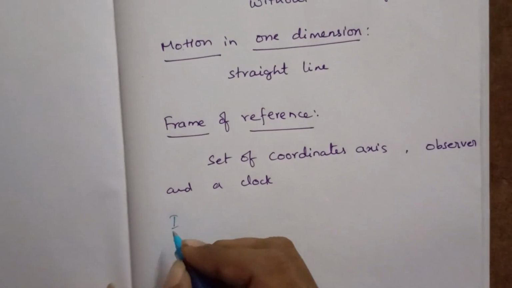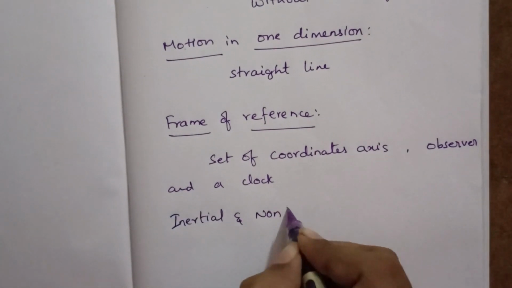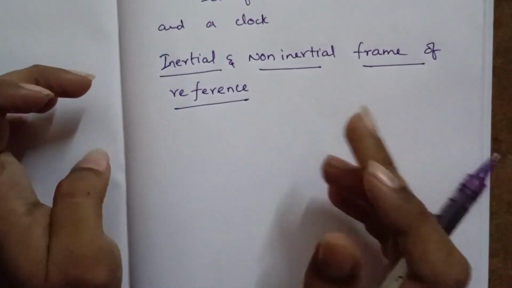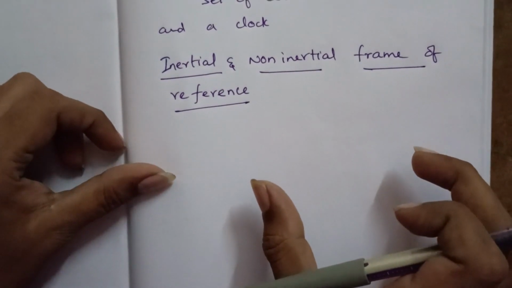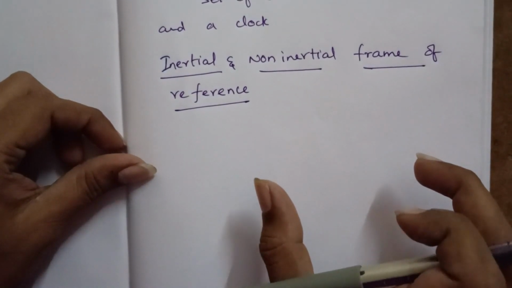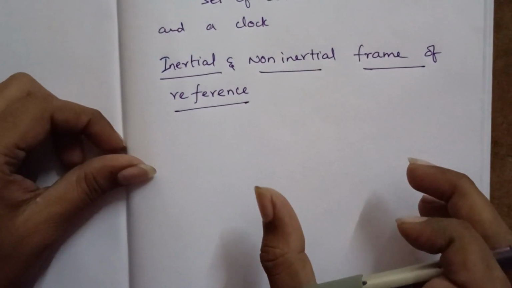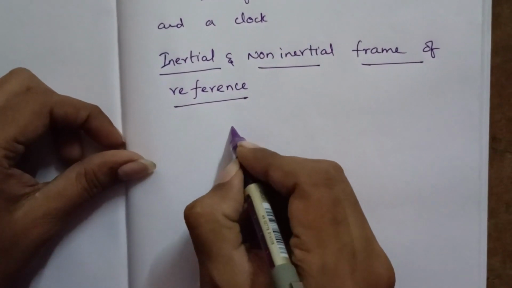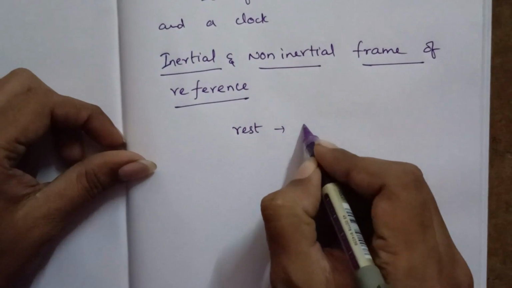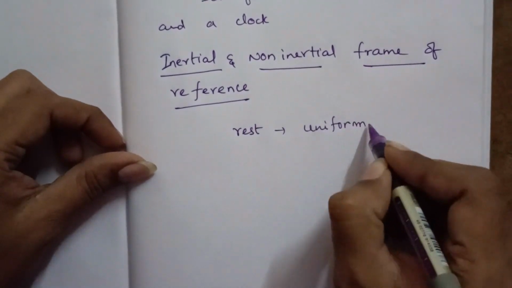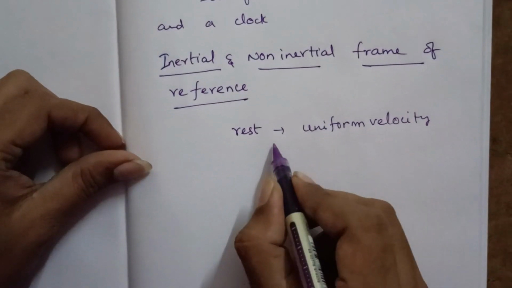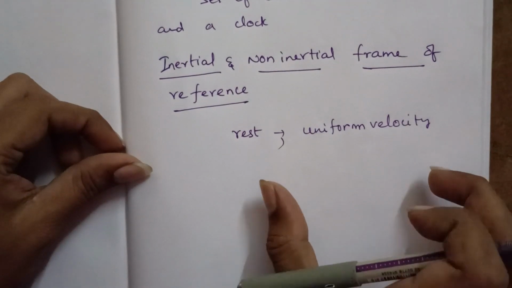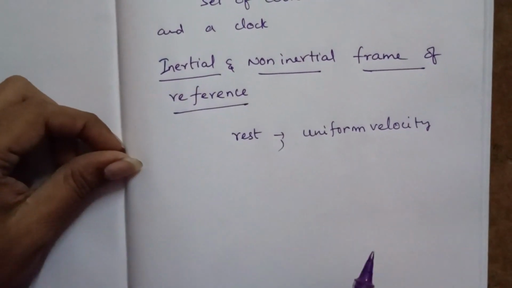Next, inertial and non-inertial frames of reference. A reference frame means coordinate axes and a clock to observe the motion of bodies. If that reference frame is either at rest or moves with uniform velocity, that reference frame is known as an inertial frame of reference.